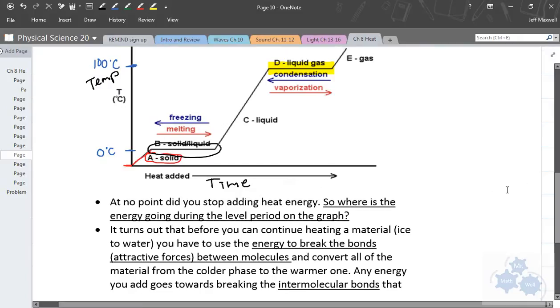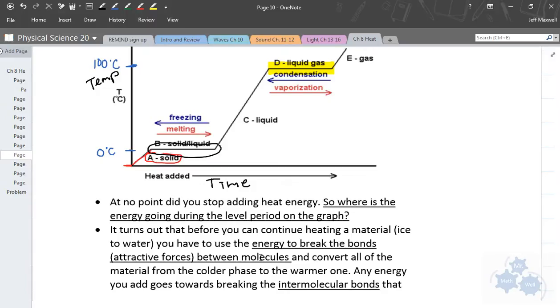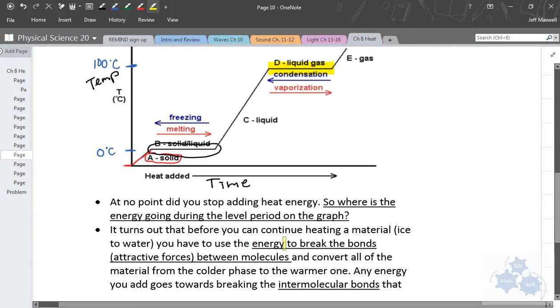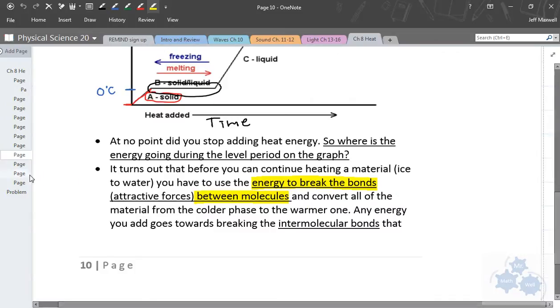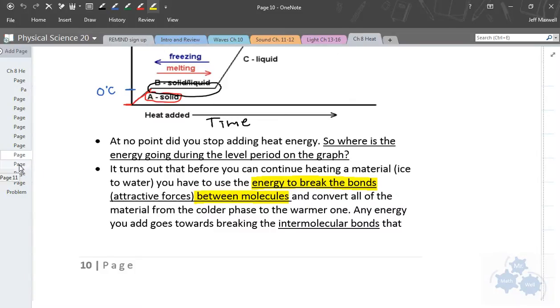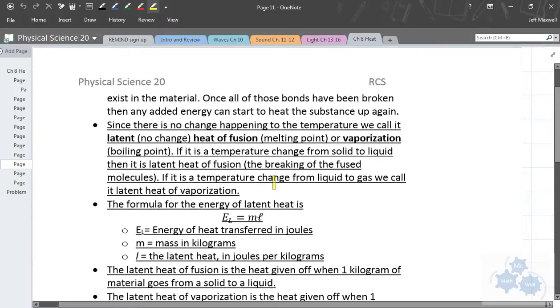Well, when the bonds between the molecules are being broken, that's where that energy is going. It's not actually reflected in an increase in temperature. The energy is used to break bonds. So during a phase change, the energy is used to break the bonds between molecules.